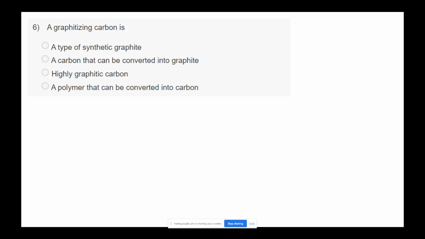So again, the one which I discussed in the previous slides, the question came here. What is graphitizing carbon? It is something related to graphite.